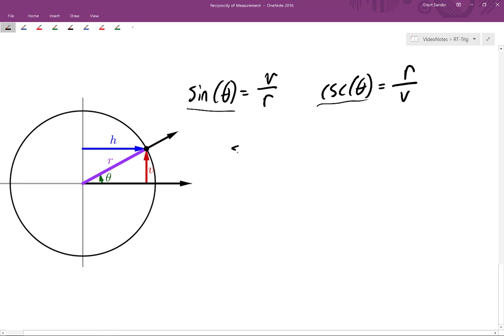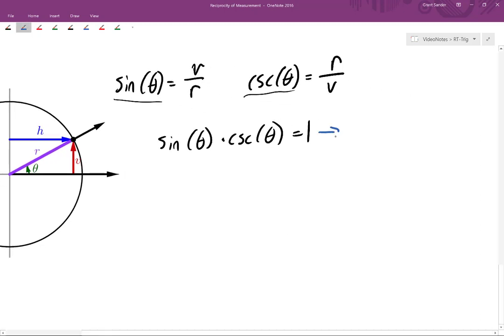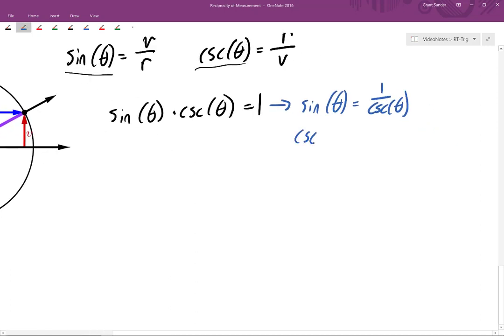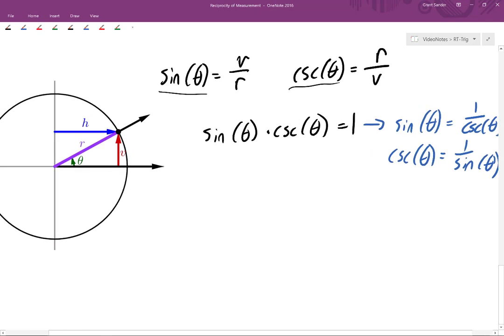And therefore, we expect sine of theta times cosecant of theta to be equal to 1. This tells us that sine of theta can be thought of as 1 divided by cosecant of theta, or you could also say that cosecant of theta is equal to 1 divided by sine of theta. Those two outputs are reciprocals.